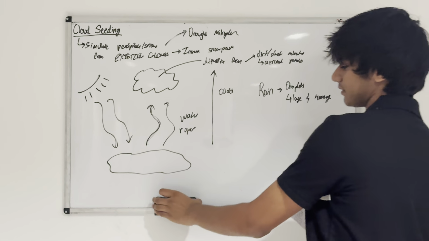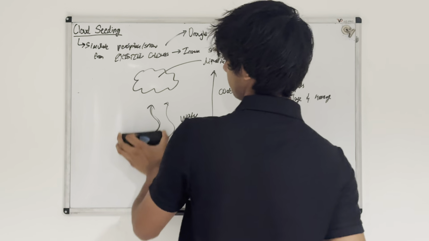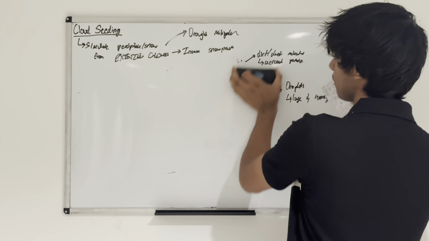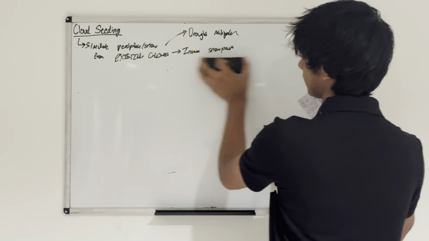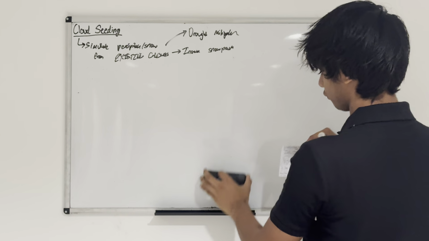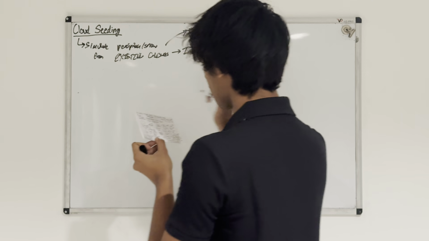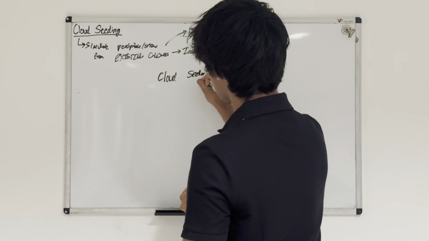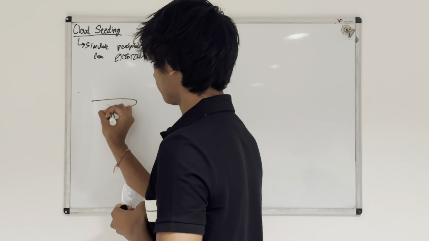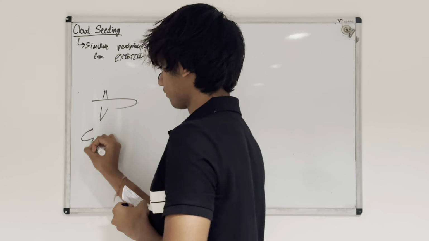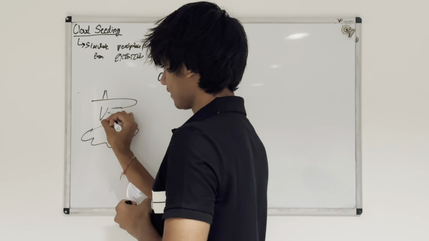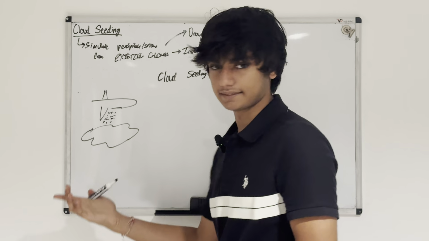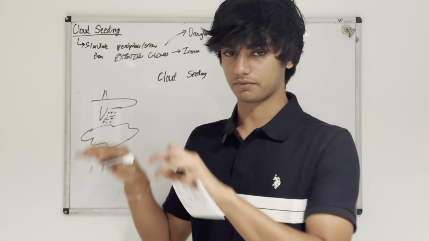And so the idea with cloud seeding is we want to get these droplets of water and dust together to make rain, to make them heavier and larger so they can fall down. Cloud seeding uses either a plane, so you have a plane here, right, and you have your clouds, and then the plane drops the chemicals or materials used to seed the cloud and make the water come together to fall down.